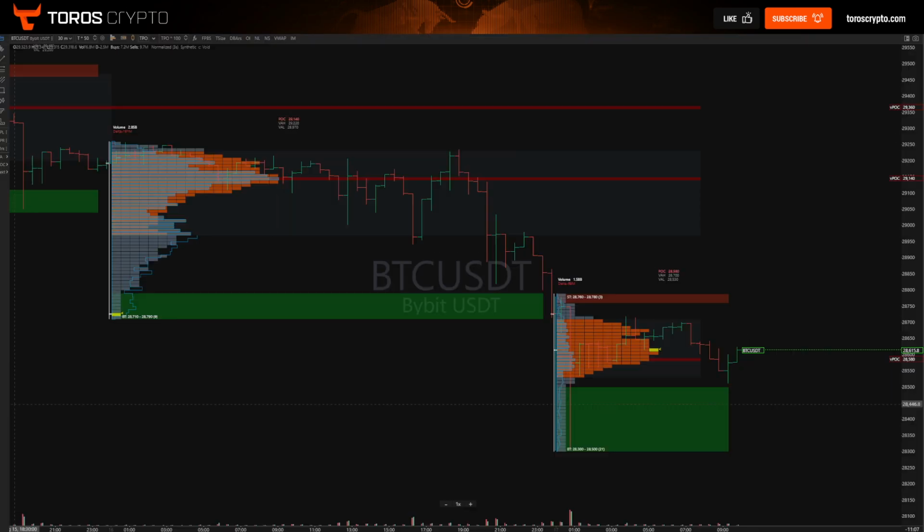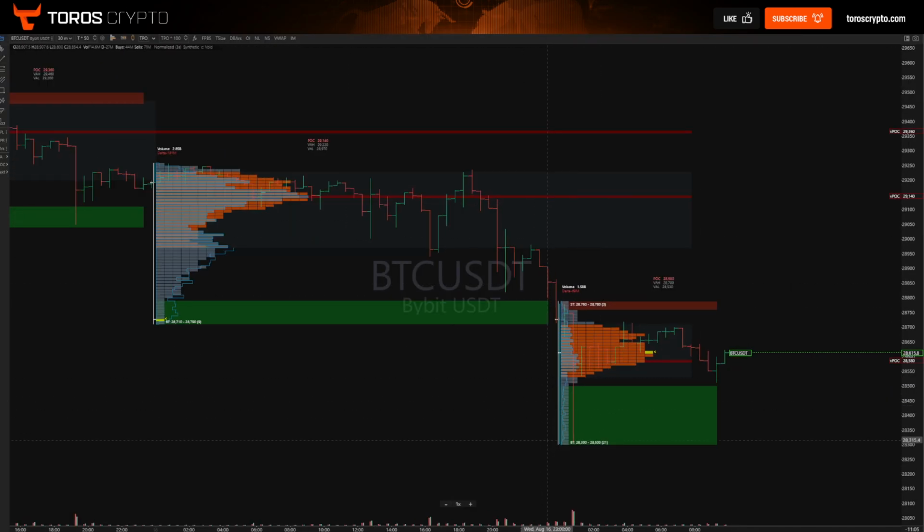For myself, the main levels to be looking at, of course, if you weren't able to take a long from the low down here, then there wouldn't be very much reason to take a long right now unless we come down and there's another SFP of local lows. We've just taken out these little ones here coming into the buying tail that we had formed this morning.